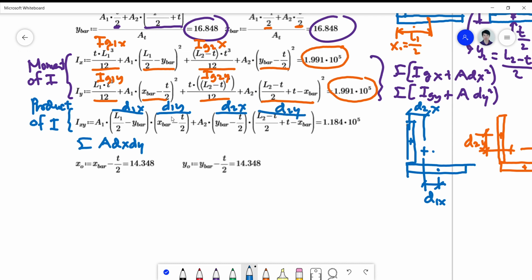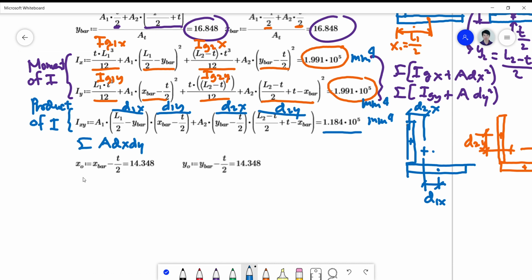Okay, so I have two elements, I have two products, and I get 1.184 times 10 to the fifth. These are all in millimeters to the fourth.